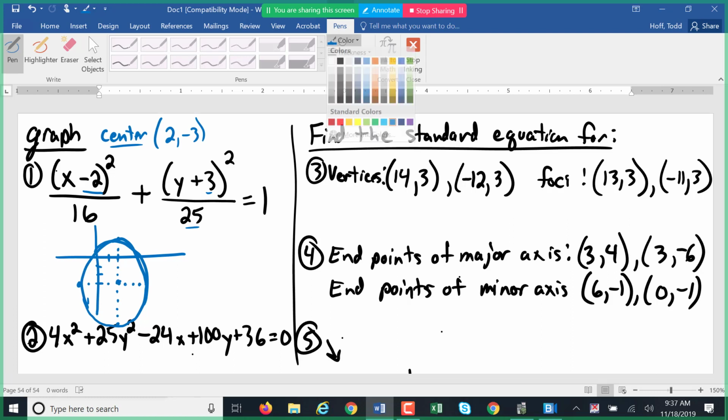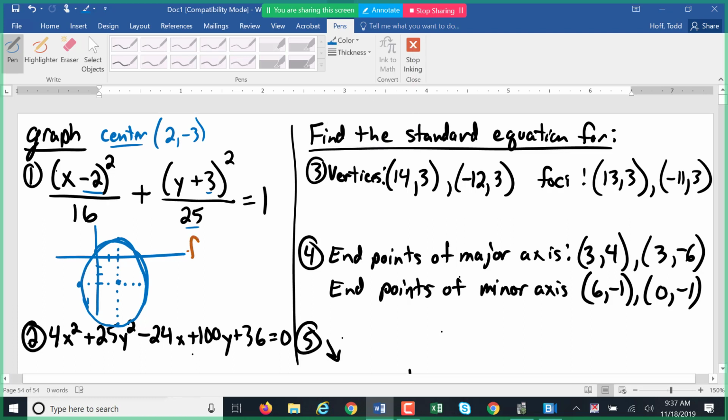If I wanted to find the foci of that, remember it is a squared minus b squared equals c squared, where a is the larger of the two axes. So that would be the 25 is a squared. 5 is the semi-axis. Minus b squared is 16. That gives me 9.